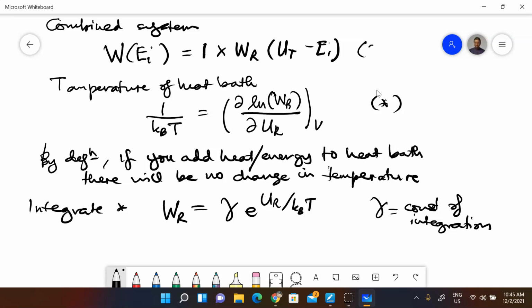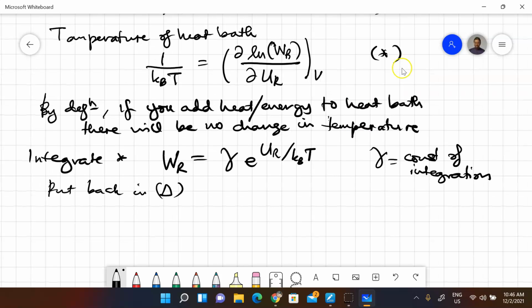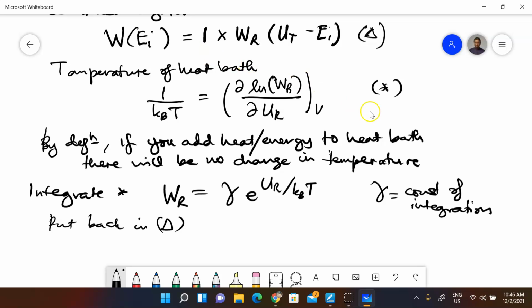I put this as, say, triangle, put it back in triangle, then I will be able to associate the accessible states of the system with this particular energy, given by gamma times exponential of UT minus EI, because UR is just UT minus EI, over KBT.